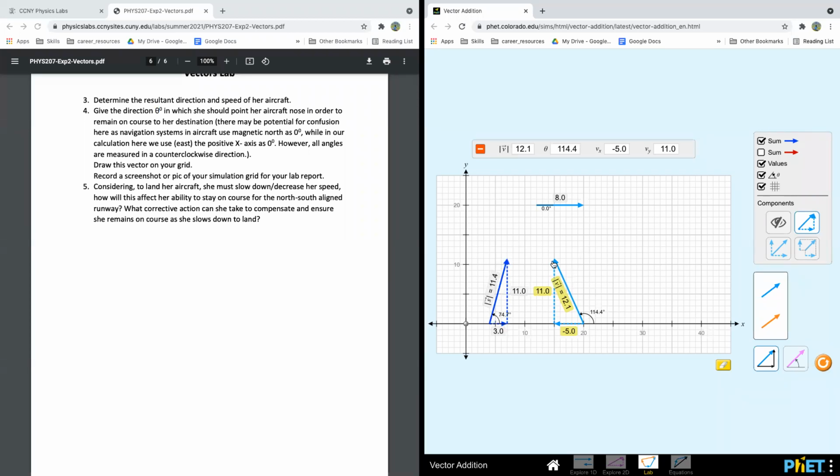The correction she could do is to adjust the direction more towards west to make sure the sum will still always remain on the course. Correction action: she has to adjust her flight more west to remain on the course.